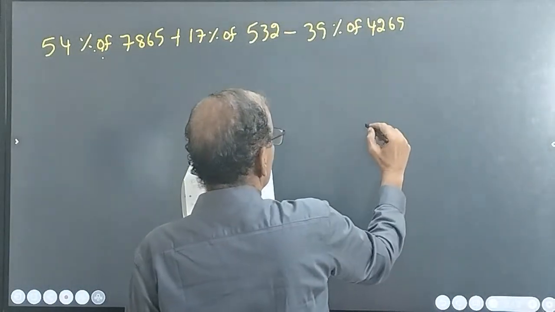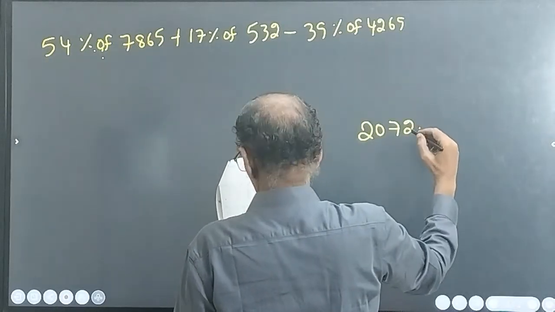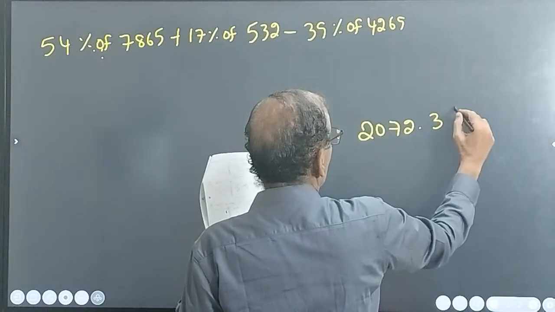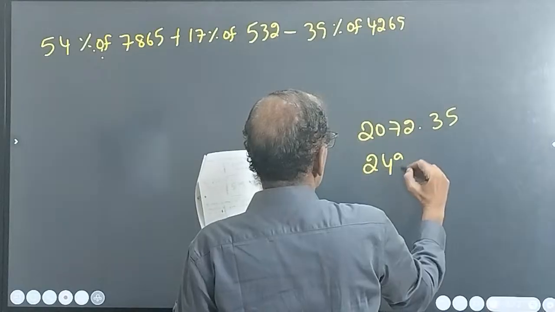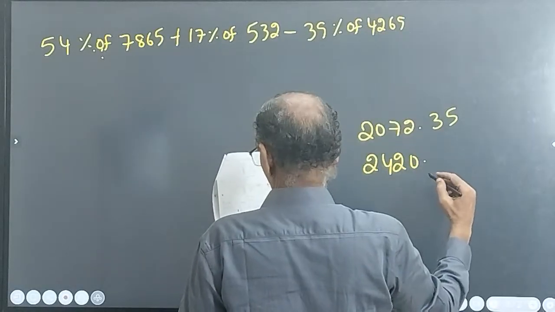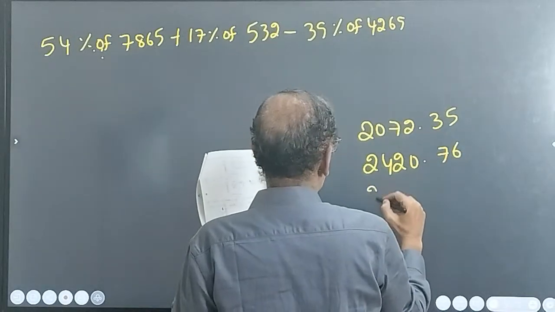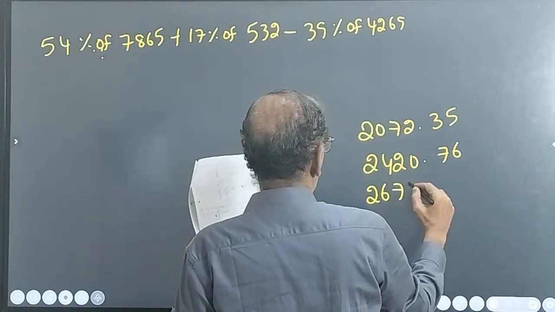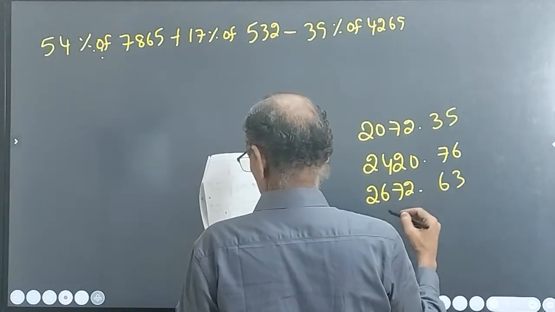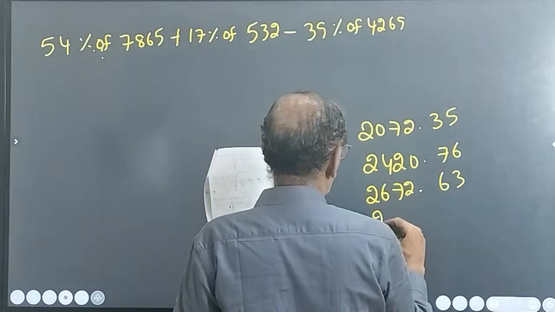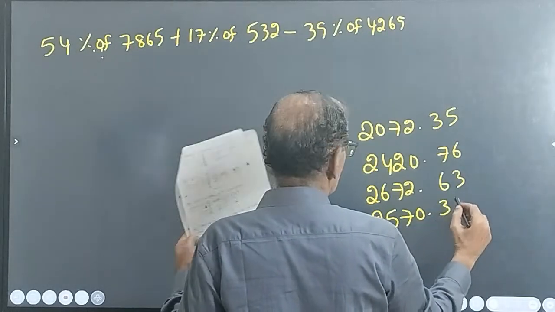Options are 2072.35, 2420.76, 2672.63, 2570.36.